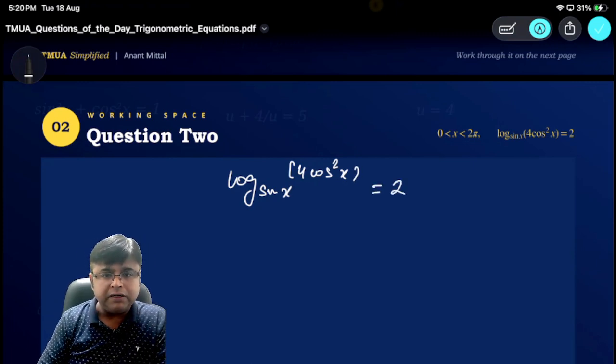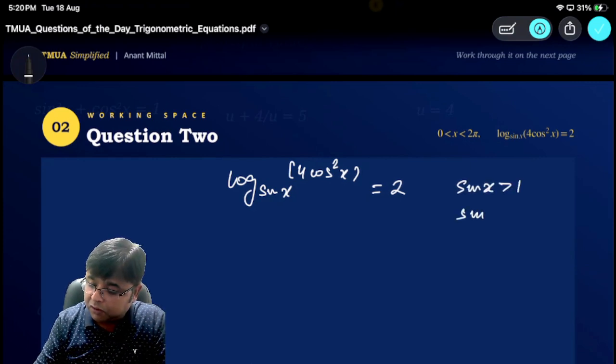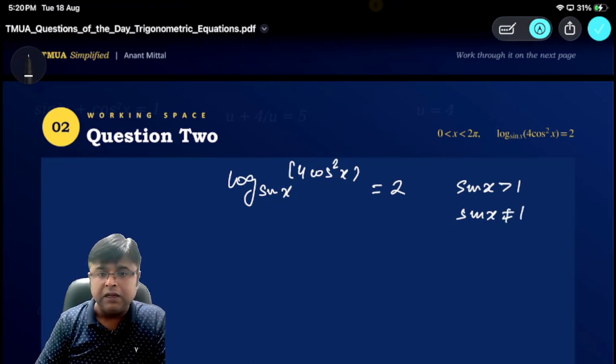First, it is always advisable to write the initial conditions, the characteristics of the log. The base of the log, sine x, should be greater than 0 and should not be 1. And 4 cos square x is greater than 0, so I need not worry too much about it.